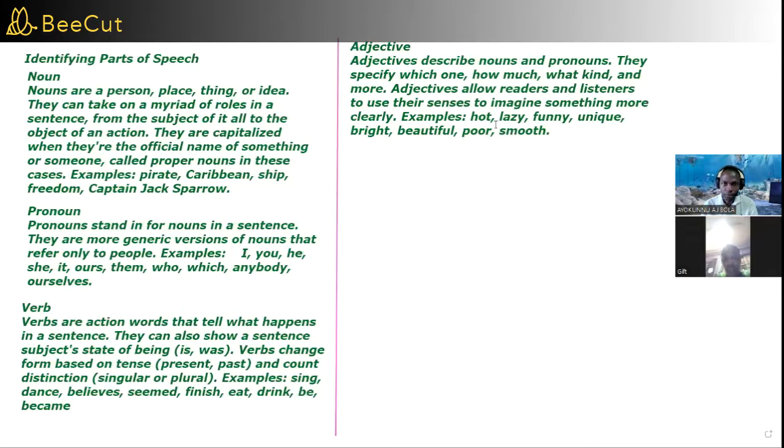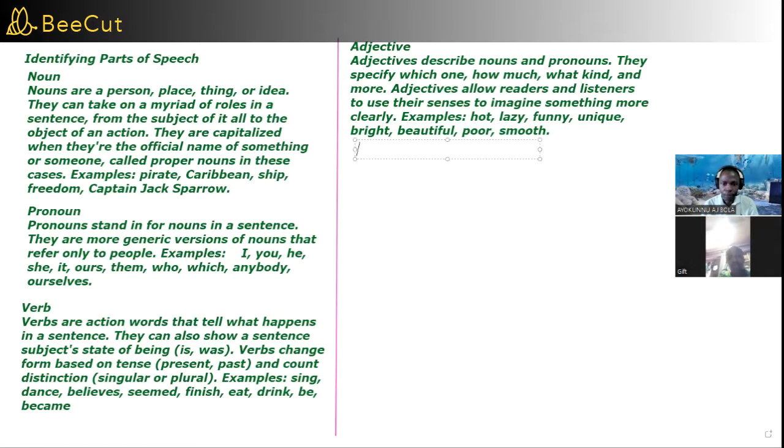Example, hot. If you're talking about the state of food, you can talk about hot, or the state of weather, very hot weather. Lazy, someone who's lazy. Funny, something that's funny. Unique, something that is very unique. Bright, beautiful, poor, smooth, talking about the quality of things, describing, letting us know which particular one you are referring to.